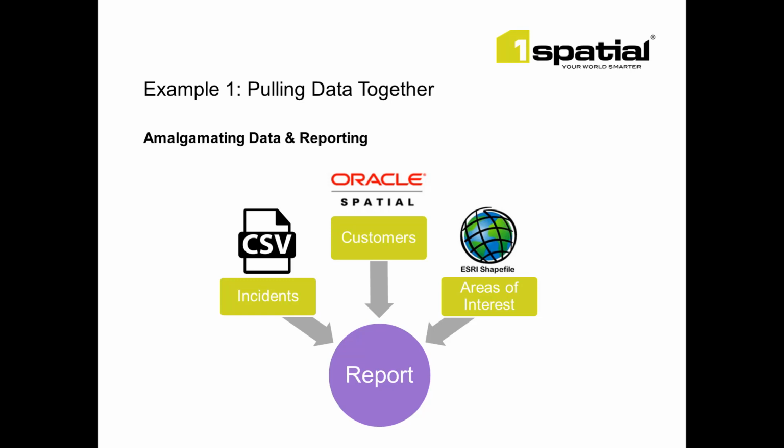And then maybe we've got some boundaries for water districts or operational areas, some areas that are of interest to us. And it's there as a shapefile. And we need to pull all that data together to be able to send the right works team out on site or report on performance, whatever it is that we're trying to achieve.